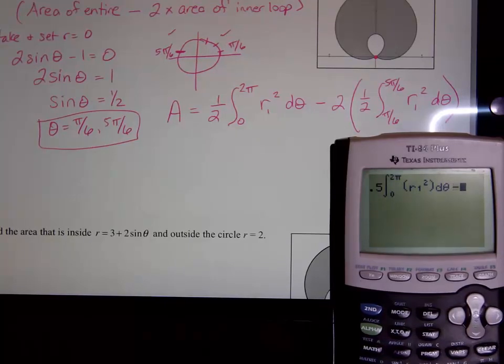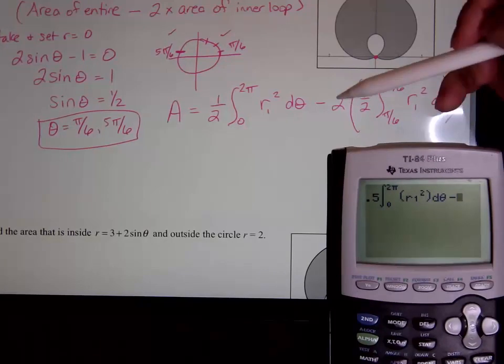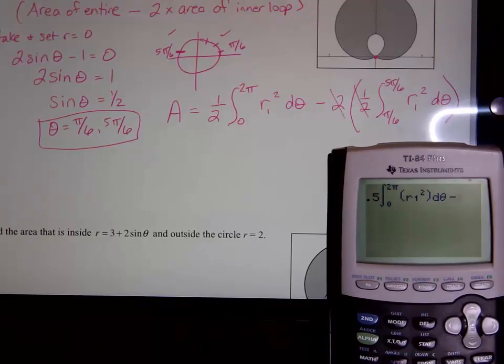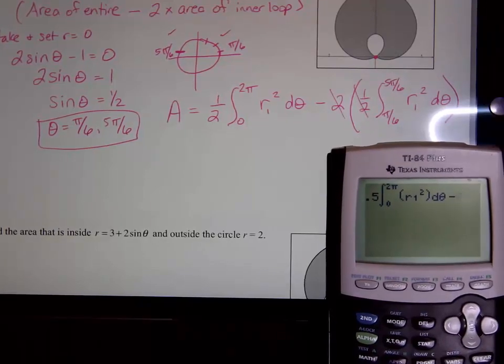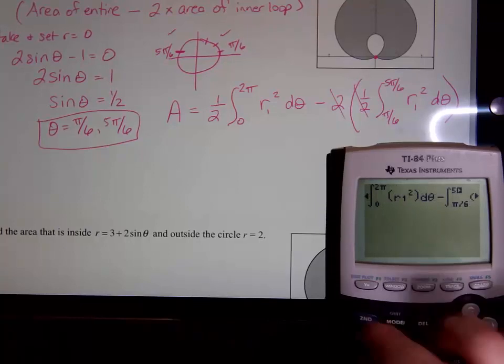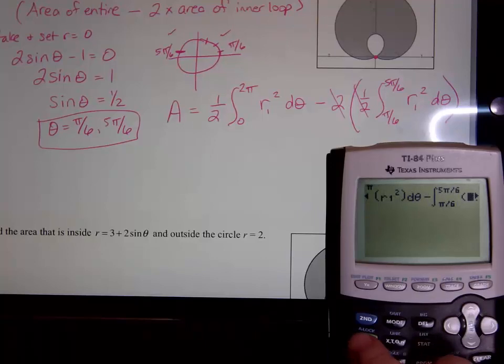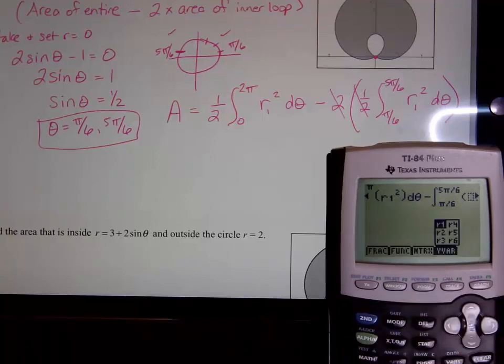Minus. Now, I really don't have to put in the 2 and the 1/2 because they're going to cancel each other out anyway. If you want to put them in, you can, but you don't have to. I'm just going to do my math 9 without it. Then pi over 6 to 5 pi over 6, r1 squared d theta.